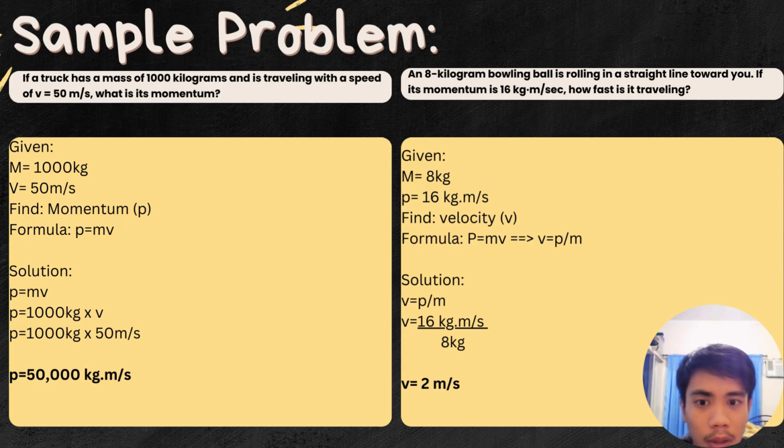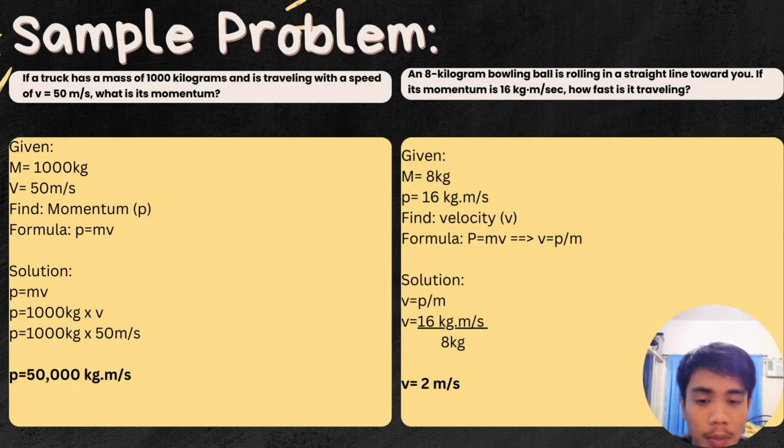Now we know that the formula for momentum is p equals mv, which is momentum equals mass times velocity. This is a simple one because the mass and velocity are already given in the problem. So for the solution, p equals mv, substitute 1000 for the mass and 50 meters per second for the velocity.